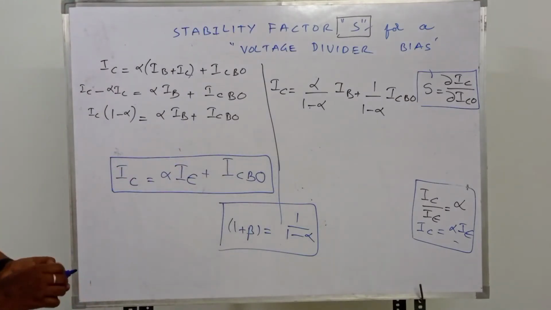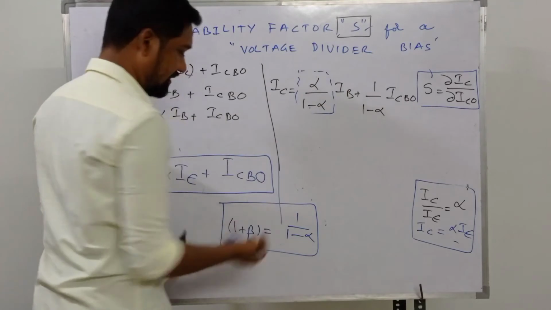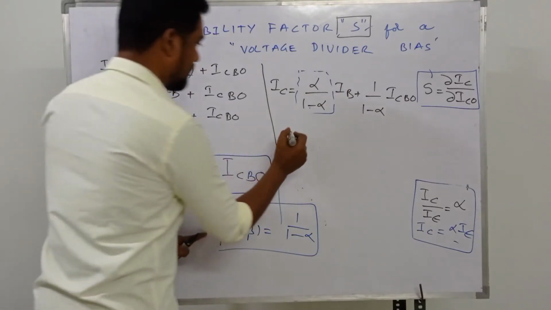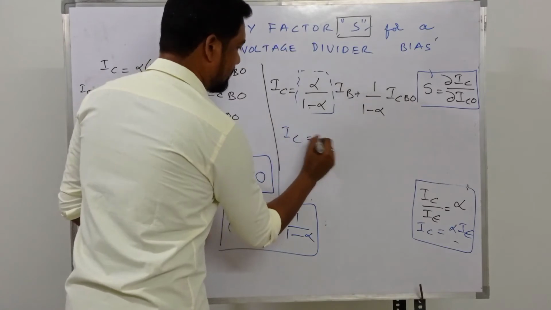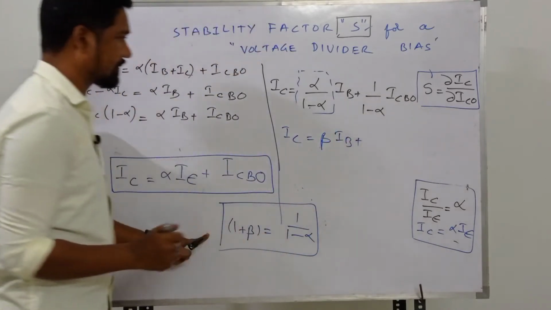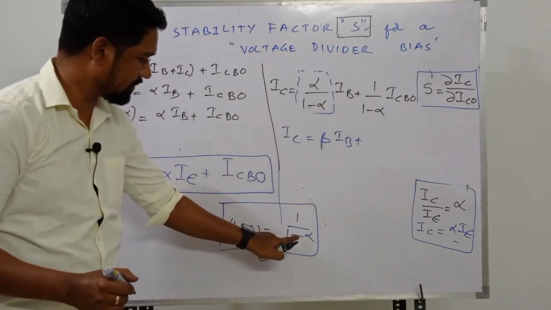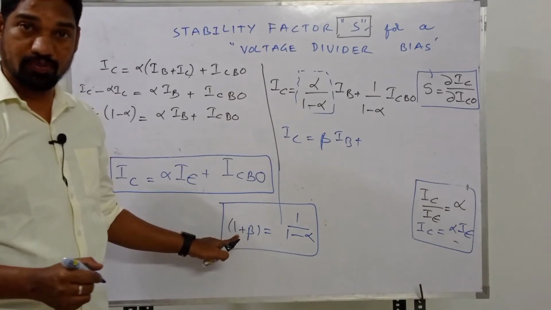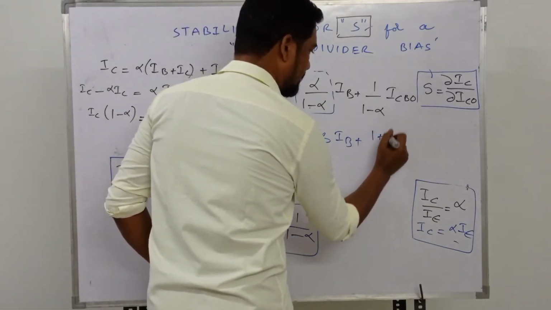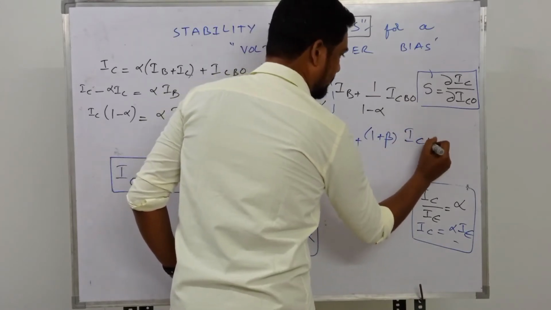So what is this? It's a beta, from the previous knowledge, from the derivation. So IC is equal to beta IB plus, 1 by 1 minus alpha, which is 1 plus beta, so that could be plugged in there, 1 plus beta, ICBO.